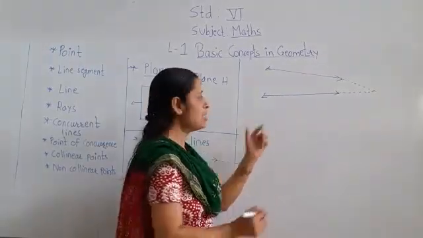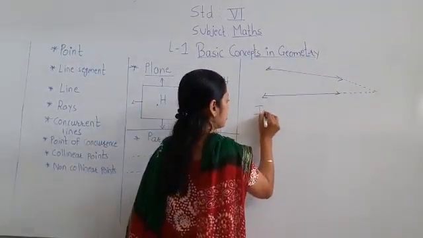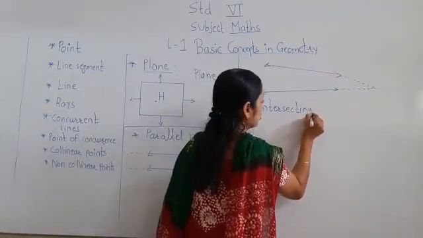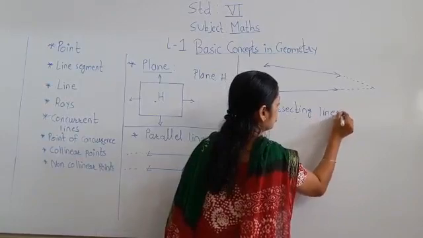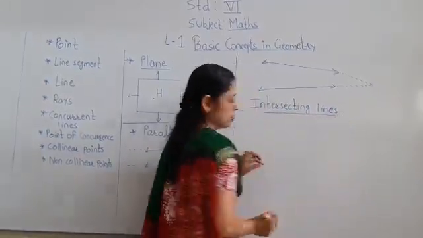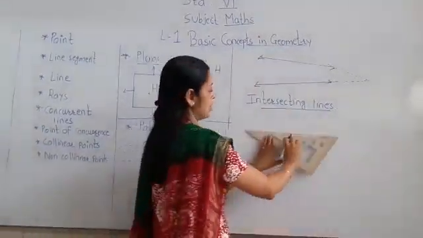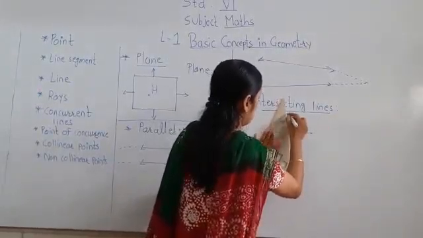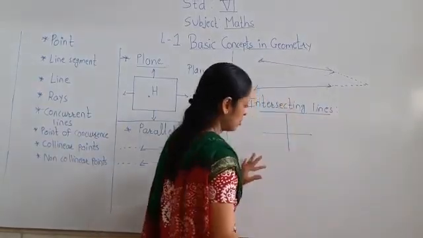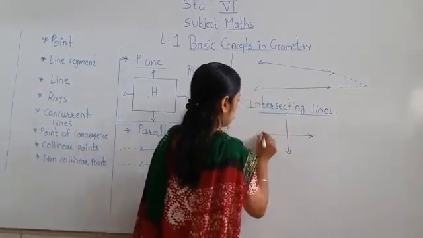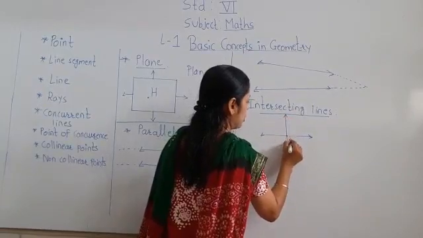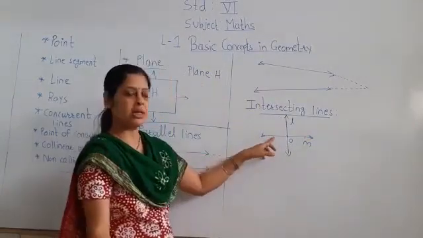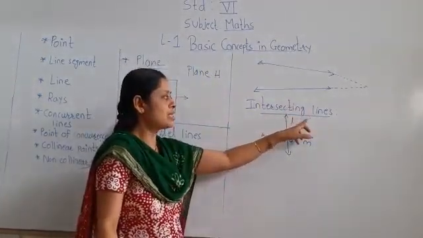So the next concept is intersecting lines. When two lines meet each other at a single point, they are called intersecting lines.